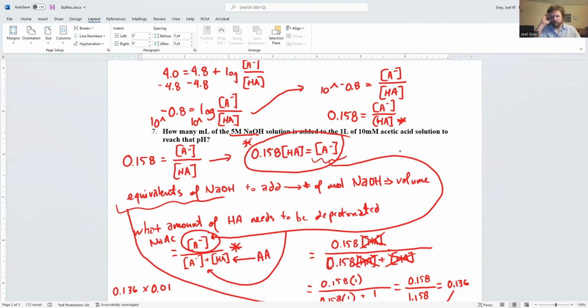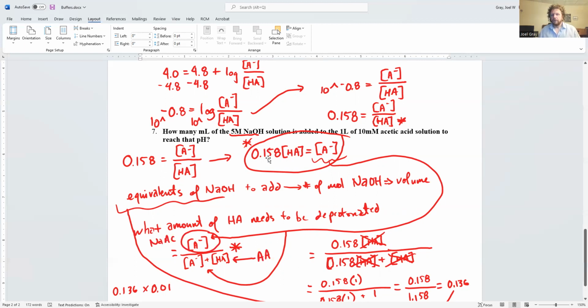So what we wanted to do was look at our ratio in the context of how much total acetate is in that system. So that's where we came up with this concentration of A over concentration of A plus HA. So the deprotonated form over deprotonated plus protonated. So that accounts for all of it.